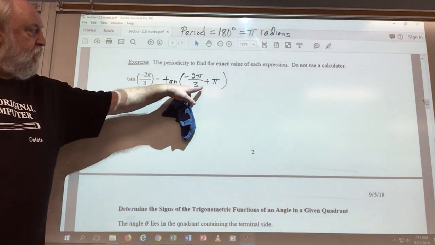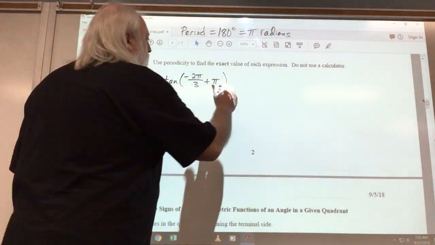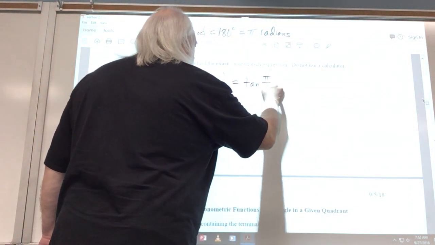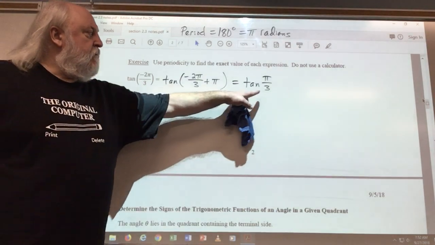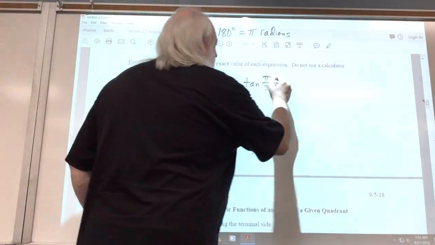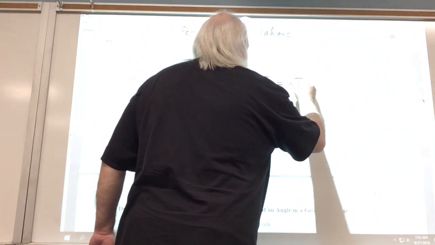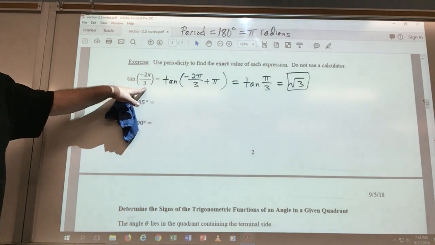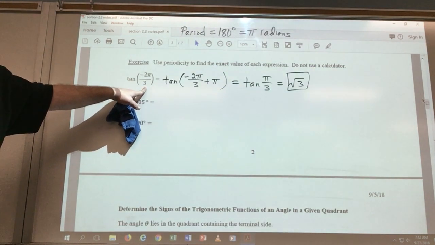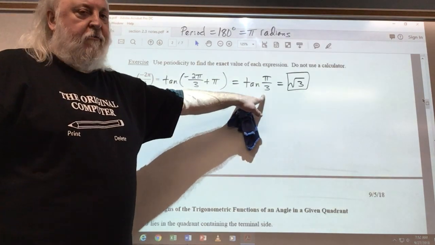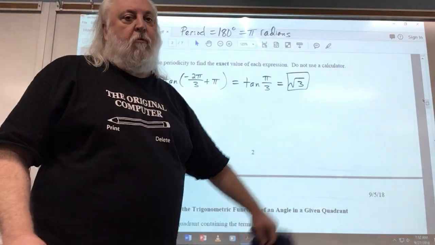Minus 2 pi over 3 plus pi is equal to pi over 3. And the tangent of the angle pi over 3 radians is equal to square root of 3. So the tangent of minus 2 pi over 3 radians has the same value as the tangent of pi over 3 radians, which is equal to square root of 3.